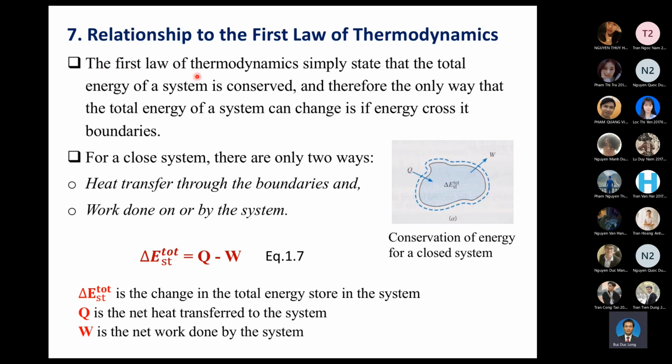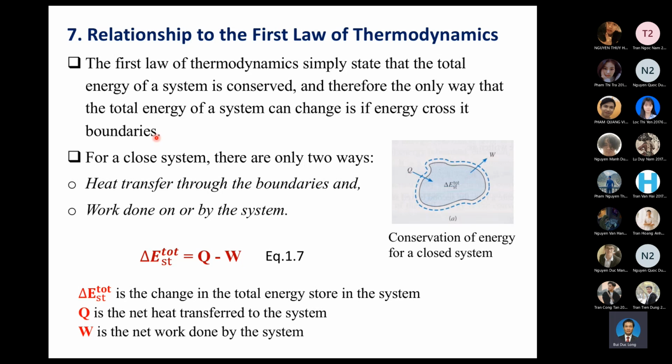The first law of thermodynamics simply states that the total energy of a system is conserved, and therefore the only way that the total energy of a system can change is if energy crosses a boundary.